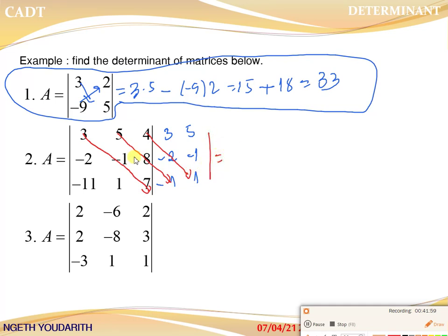So this one is minus 21, plus and minus is minus 40 and minus 8. Five multiplied by 7 is 35... this one is minus 21. 5 times 8 is 40. 40 times minus 1 is minus 40. 4 times 2 is 8. 8 times minus 1 is minus 8.